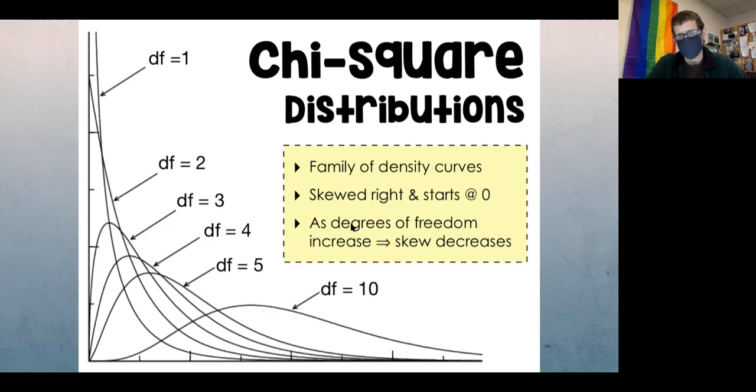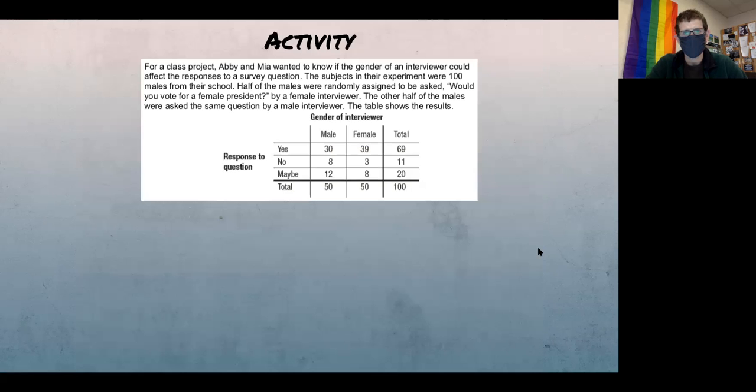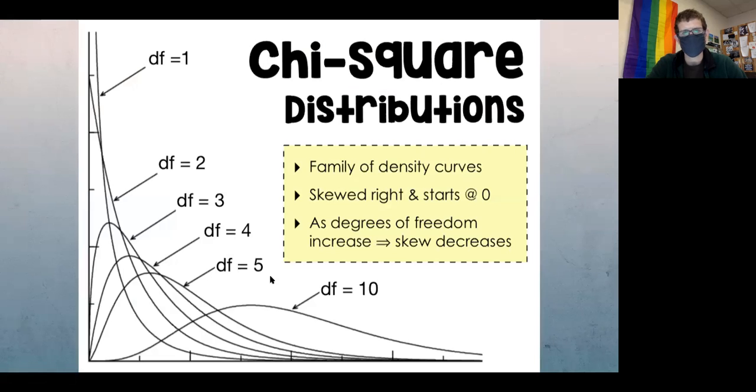So you can see, of course, as degree of freedom increases, the skew decreases. So it's good to know what these curves look like. And we're always doing kind of a right-tailed test for this. Is the value that we got, that value or more extreme to the right, likely or not?